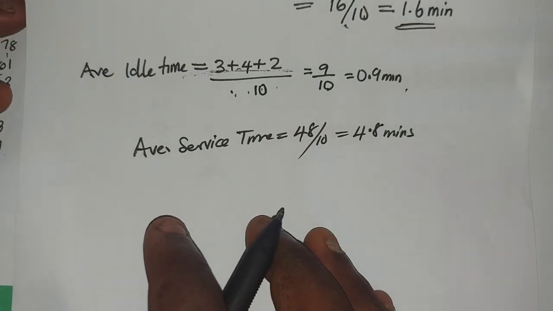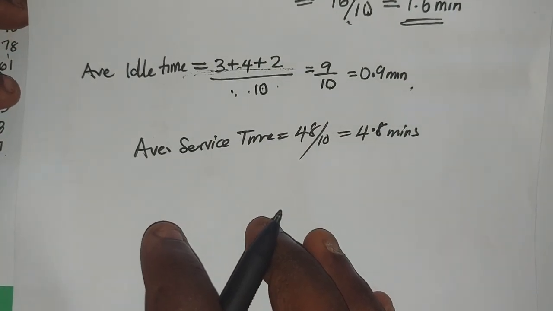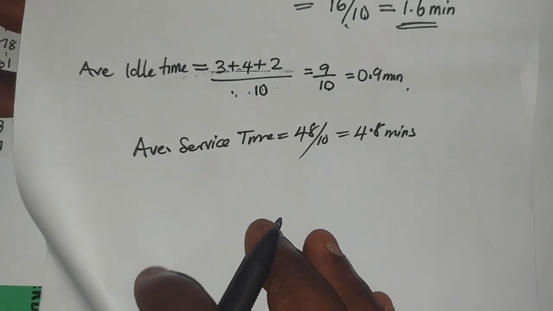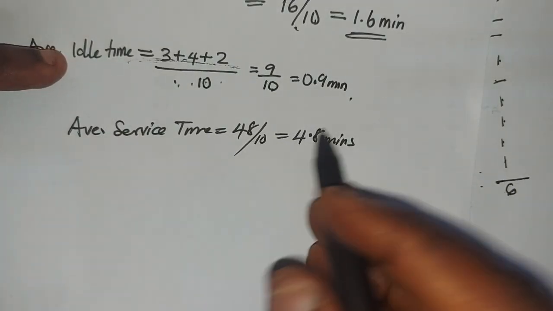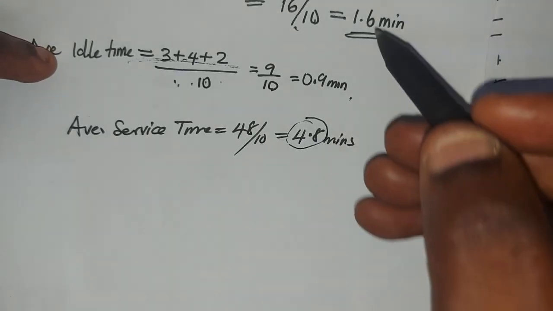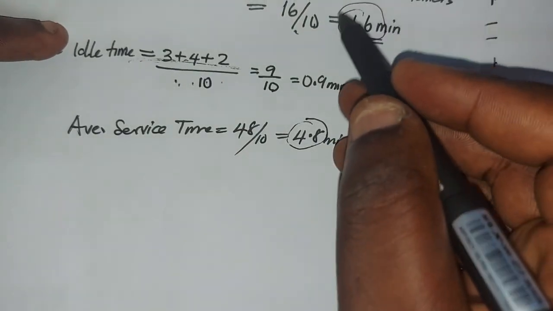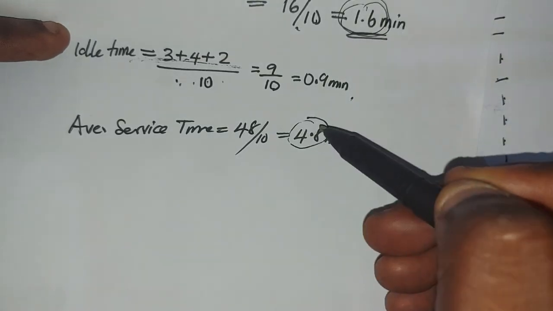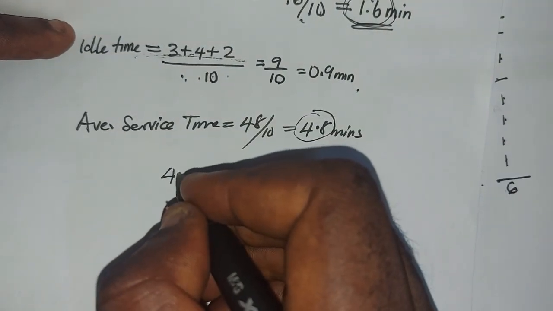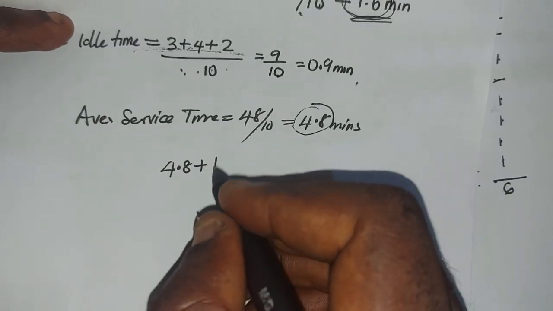Then the average time a customer spends in the system. This is the service time plus the average waiting time. That is the time customers spend in the system. So just add these two together. It will now be 4.8 plus 1.6.